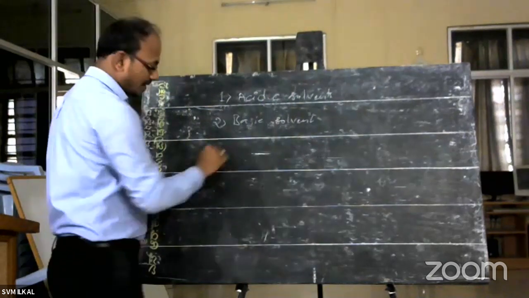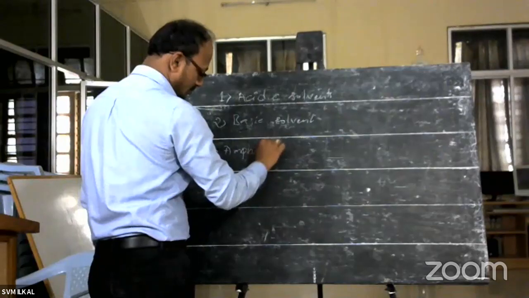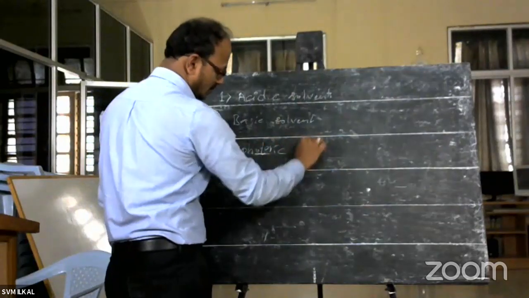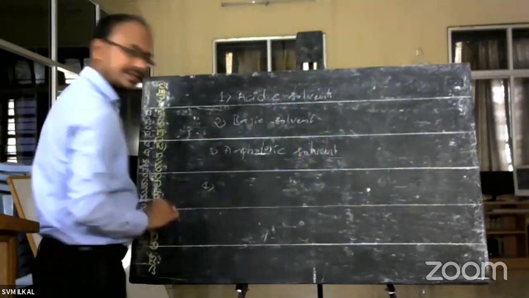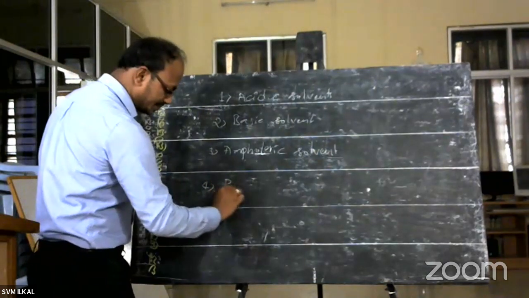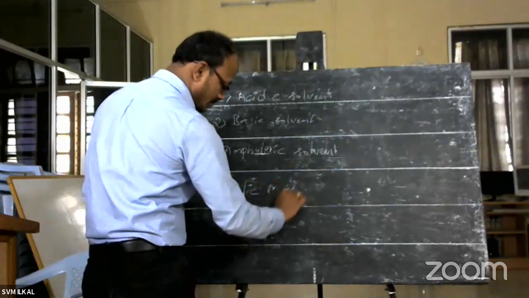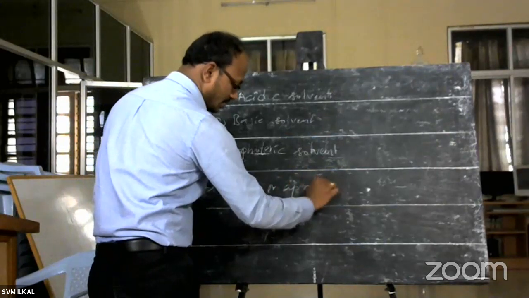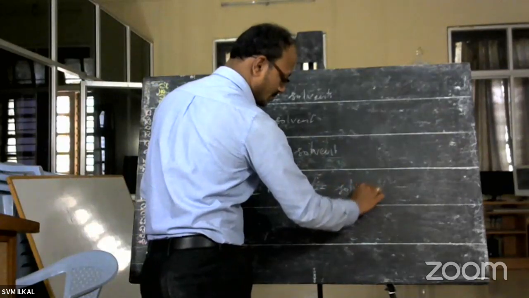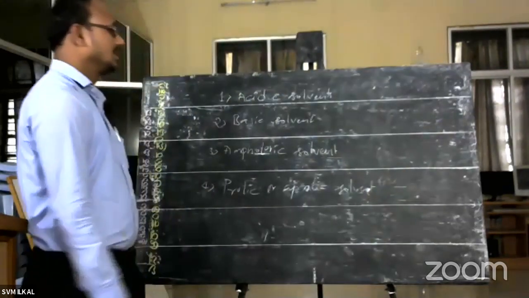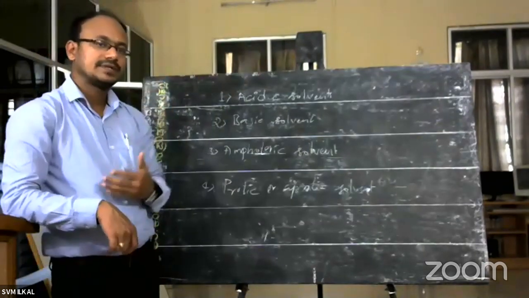The third one is amphoteric solvents. And the final one is protic or aprotic solvents. Okay, so these are the types of solvents.